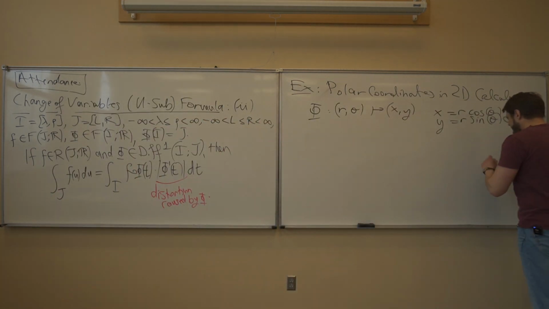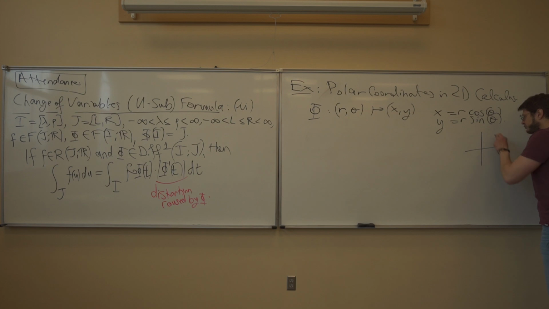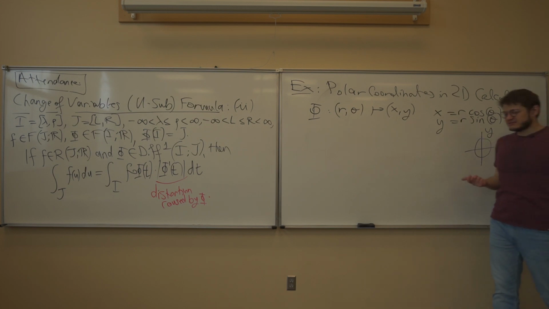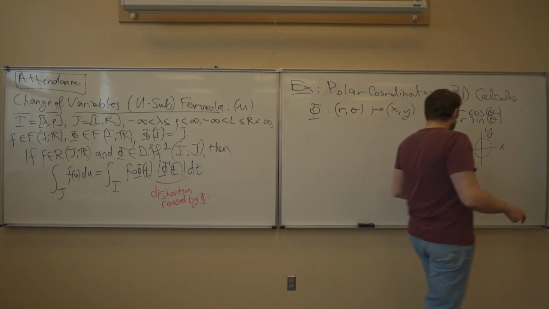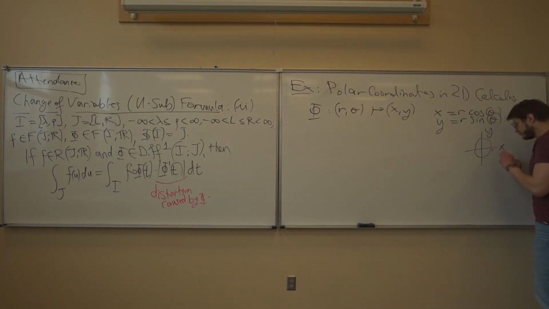So what I'm trying to say is something like this, perhaps. If this is xy, let's say you're trying to integrate something over the unit disk, right? So you can write x squared plus y squared is less than or equal to 1. Let's say this is this domain, but it's not as convenient to integrate this. So you do this change of variables. I say this is 1.